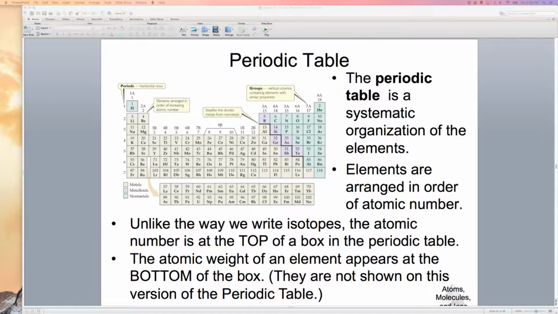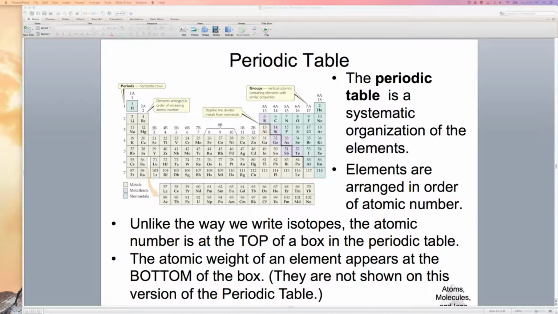But the arrangement is from left to right in order of atomic number. So as you increase the number of protons, you're increasing the atomic number, you are increasing the size of the element, but you're also changing its identity, and by changing its identity, you're changing its characteristics and how it behaves.